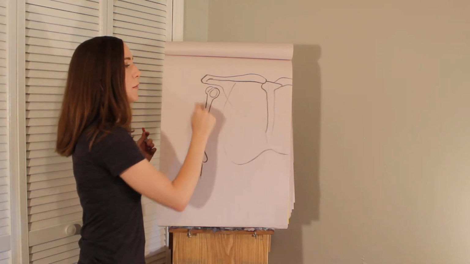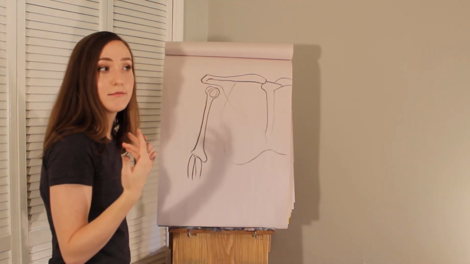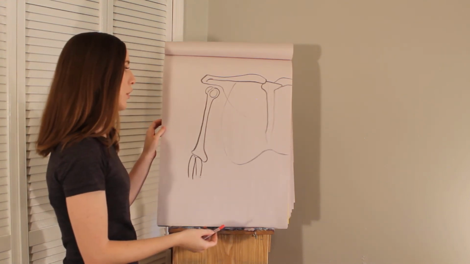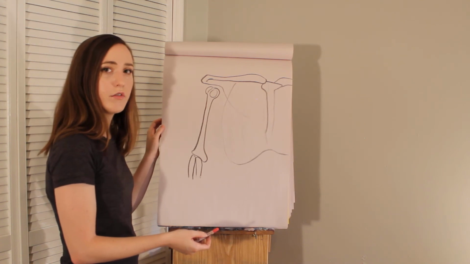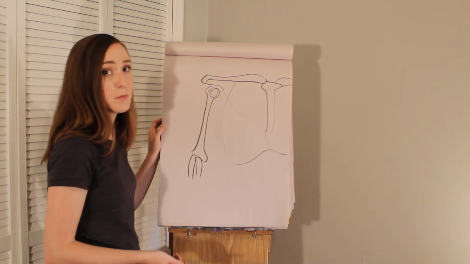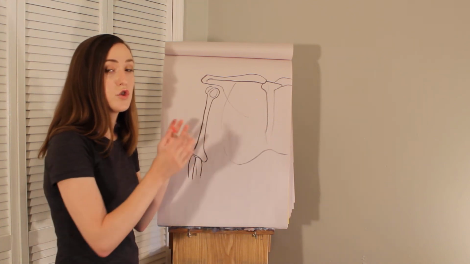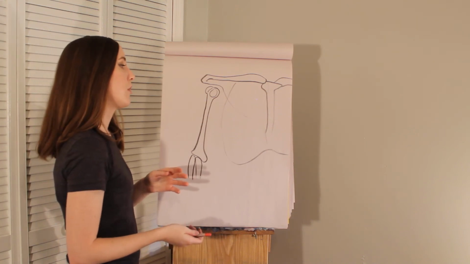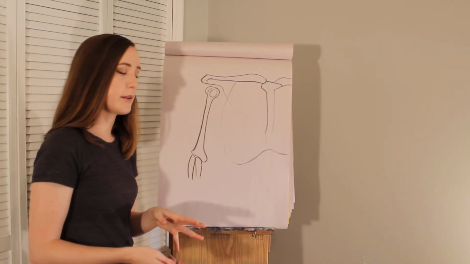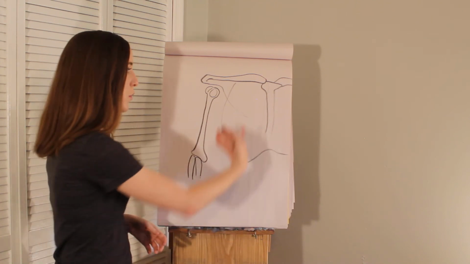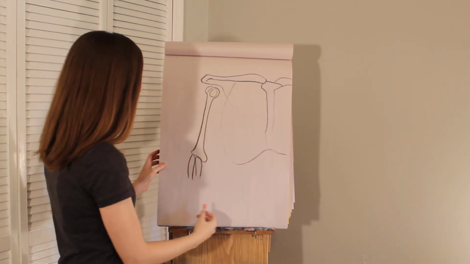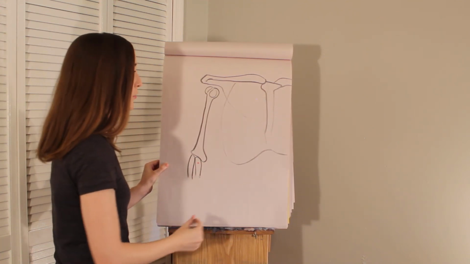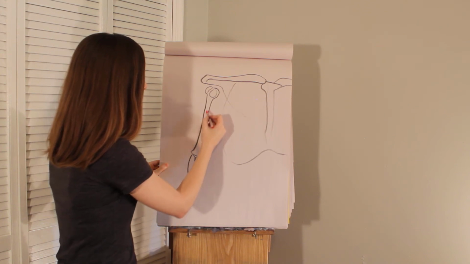This area is pretty complicated and you won't see it because it's not superficial, but I'm going to tell you anyway, for your benefit. The two main muscles of the upper arm that we'll talk about are the biceps. Bicep means two-headed muscle. The first head of the bicep is the short head, which is on this interior side. It is attached to the ulna, the elbow bone, and it goes up.